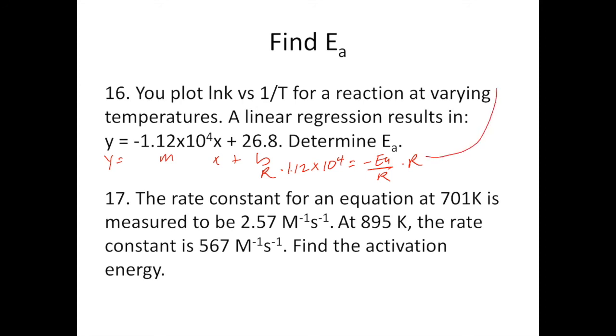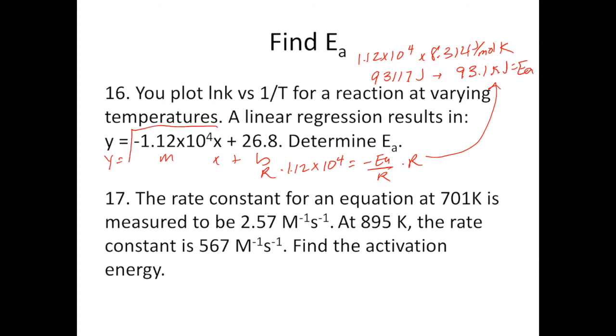So I take 1.12 times 10 to the 4th times 8.314 and I get 93117, and that's in joules. It didn't ask me for kilojoules, but if it did, I just say it's about 93.1. And that's my EA.